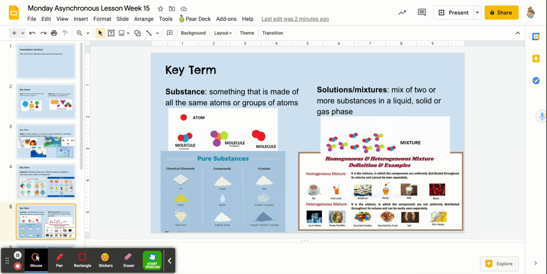Whereas solutions or mixtures are a mix of two or more substances. So you'll have different types of molecules and atoms floating around in a solution or a mixture. Those are the big key differences.